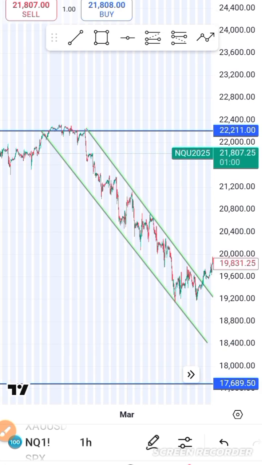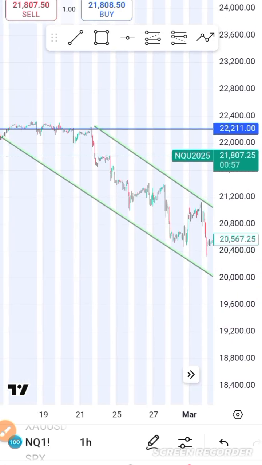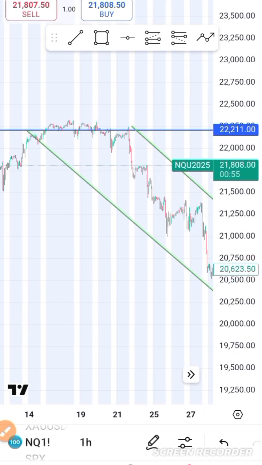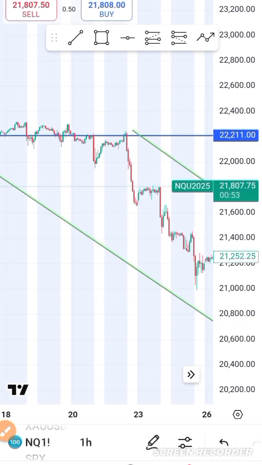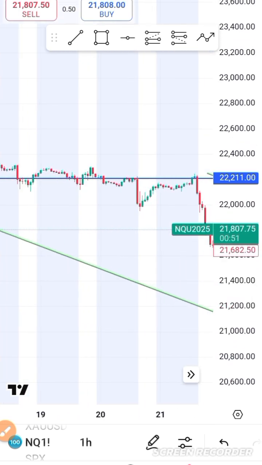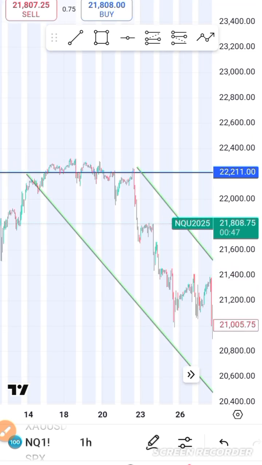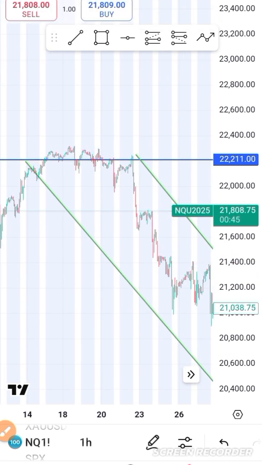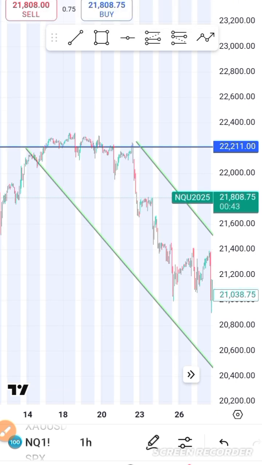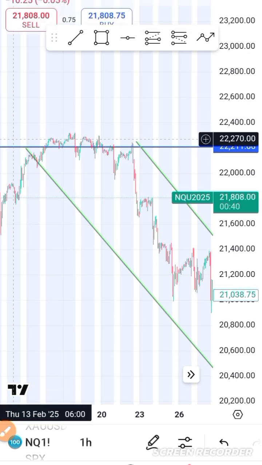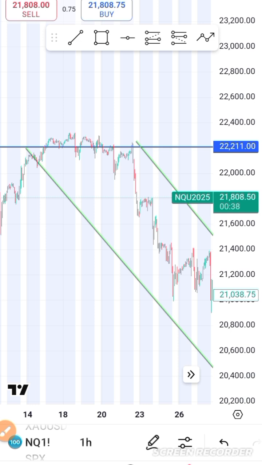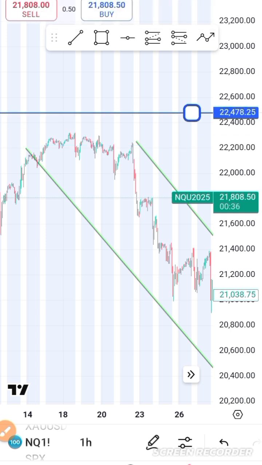I'll try to explain as much as I can. So look here, I'm going to adjust this blue line up. Why am I adjusting it up now?